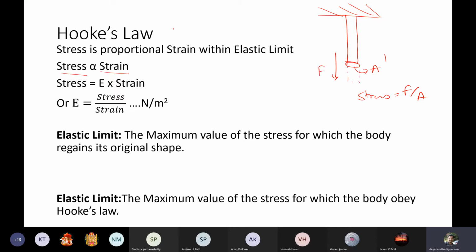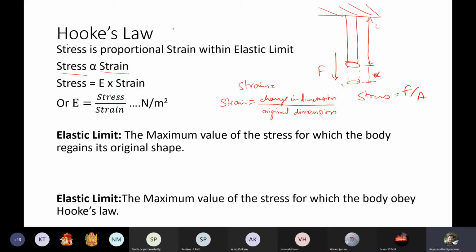Here you have the change in dimension X, and this is the original dimension L. So strain is the ratio of change in dimension to the original dimension.